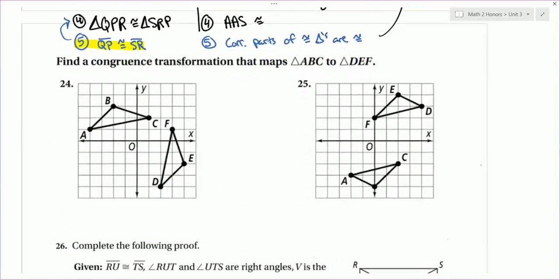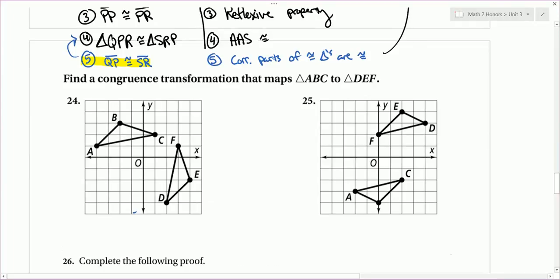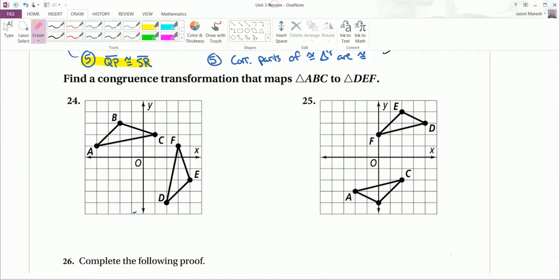Number 24, find a congruence transformation that maps triangle ABC to triangle DEF. So in 24, we want to match up that triangle ABC with DEF. Notice the ordering of the letters.